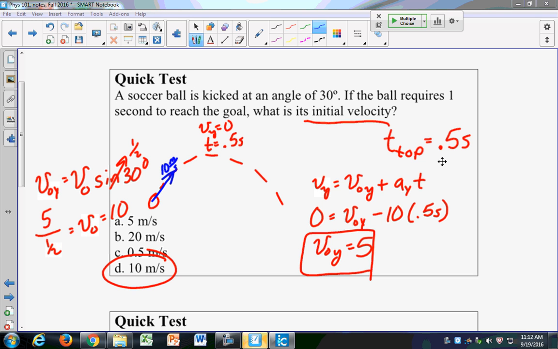Sheldon, I see. Just a second, I'll get to you. V naught is equal to 10, and so I do have X and Y components here. I have to have a Y component because it goes up. So Vy can't be 0 here. Vy is 0 up at the top, but it's not 0 right here, which is what I'm dealing with.